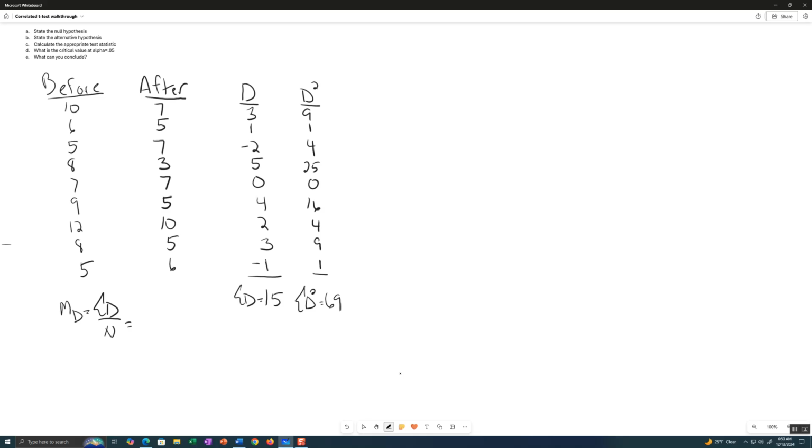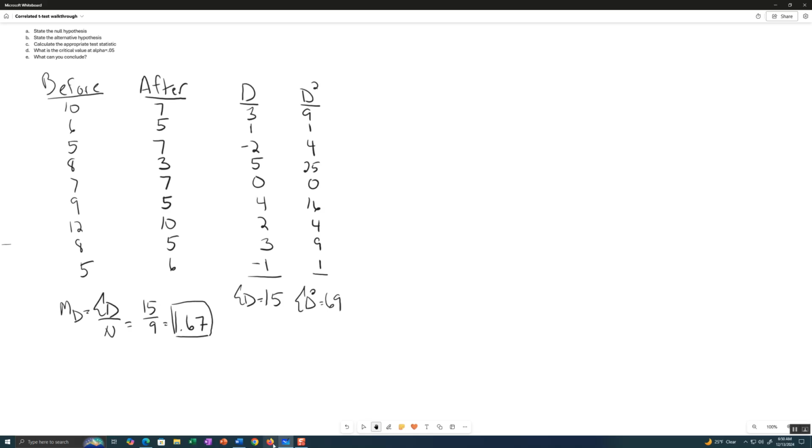Which is 1, 2, 3, 4, 5, 6, 7, 8, 9. So the sum of d is 15, and n is 9. That gives me 1 6/9, which is 1.67 repeating. That is my mean of d, right? So I need that. I also need, so that's the top part.